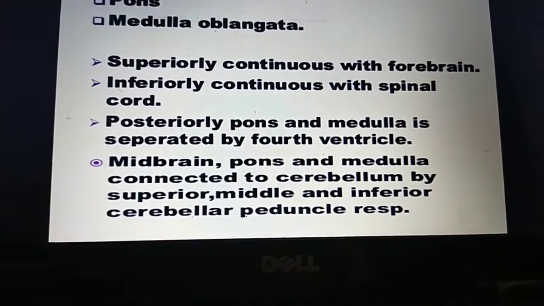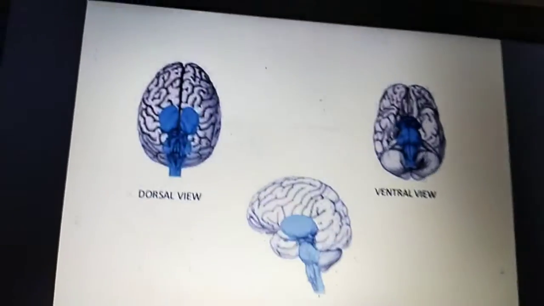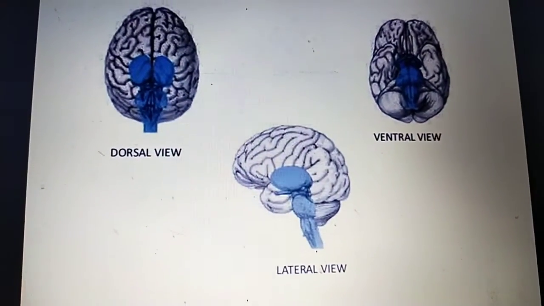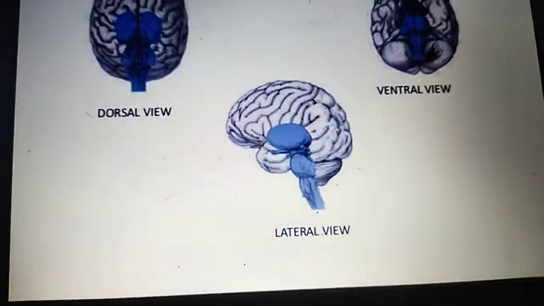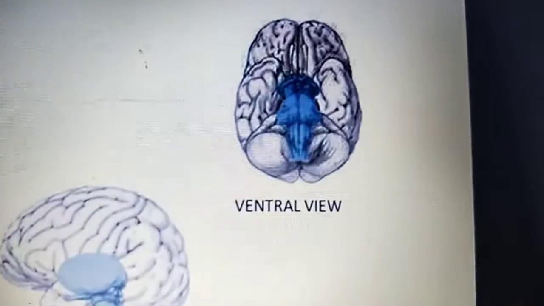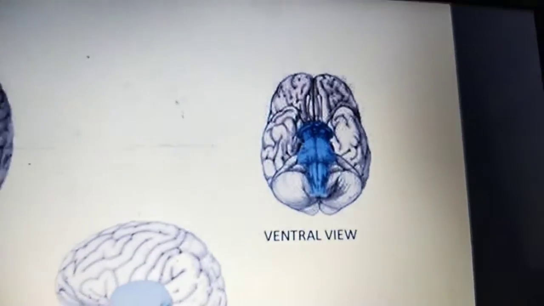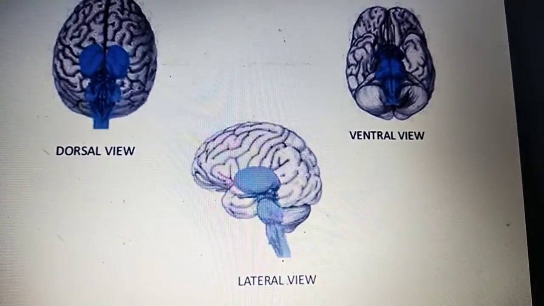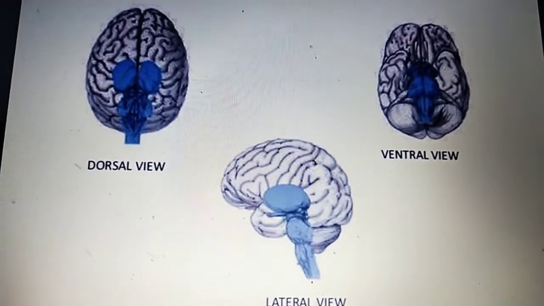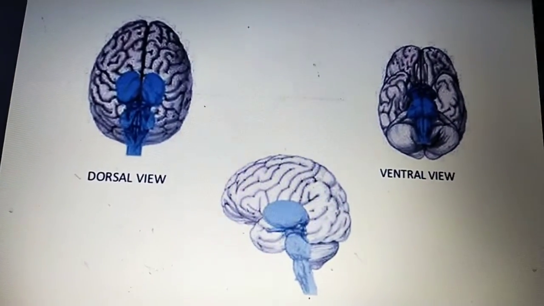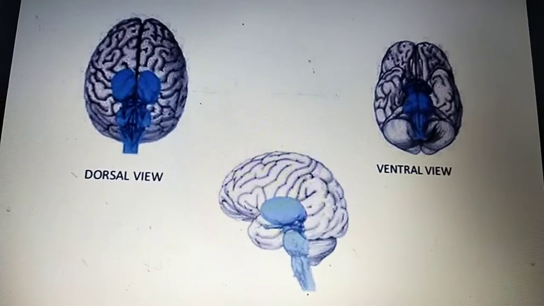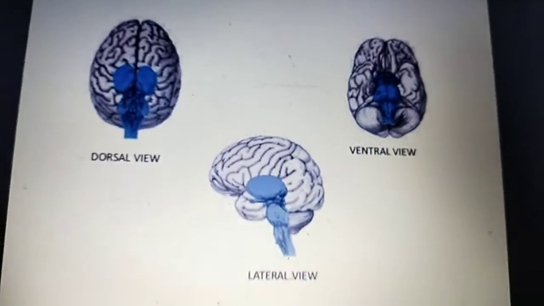These are some views of the brainstem. This is the dorsal view, this is the lateral view, and this is the ventral view. In the ventral view, we can easily see the origins of the cranial nerves.